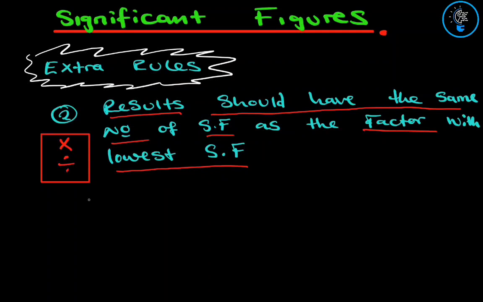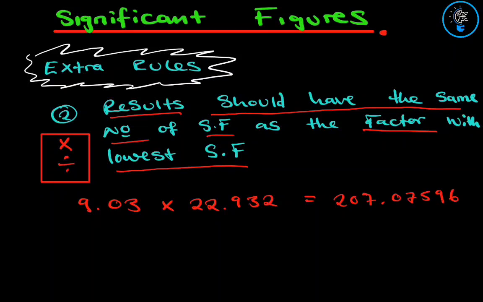Okay, let's take, for instance, we have this question times 22.932. So if you have a question of this kind that you are asked to evaluate, this one will give us a value of 207.07596.